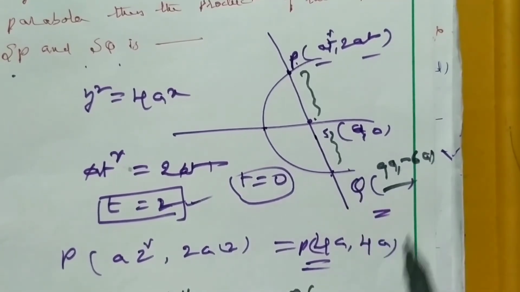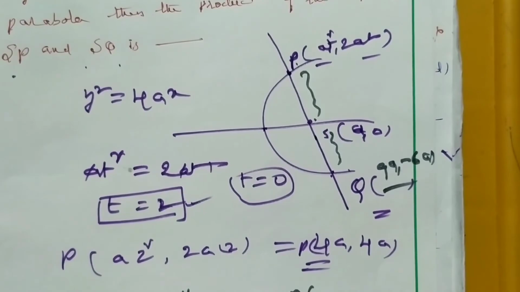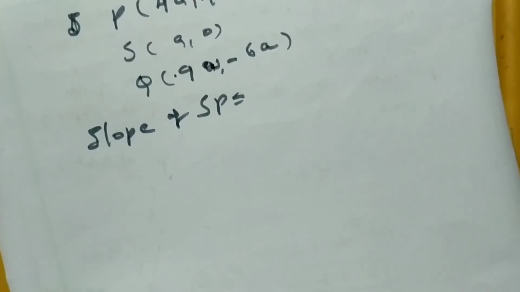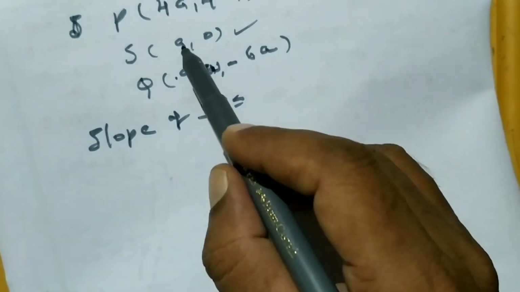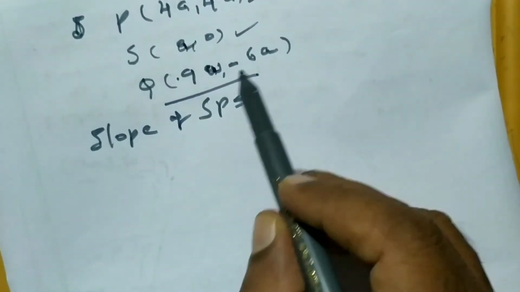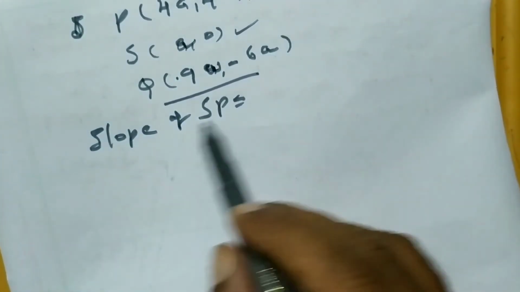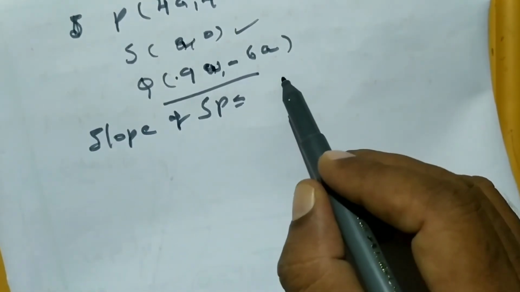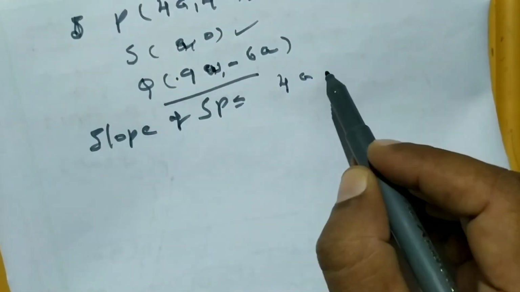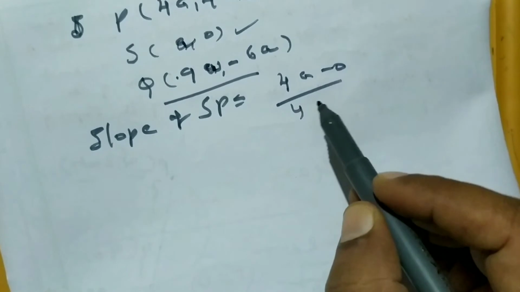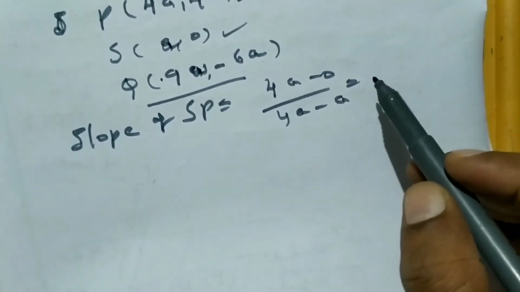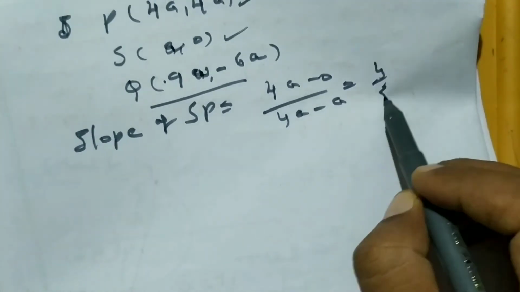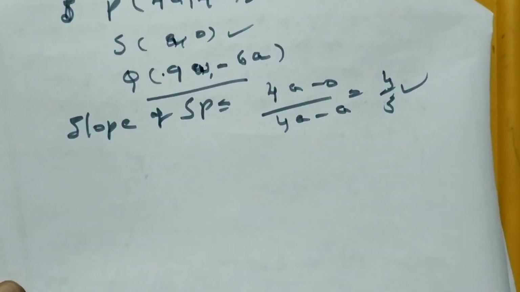So P is 4a comma 4a, S is a comma 0, and Q is 9a comma minus 6a. Slope of SP is y2 minus y1 by x2 minus x1, that is 4a minus 0 by 4a minus a, which is equal to 4 by 3. This is the slope of SP.